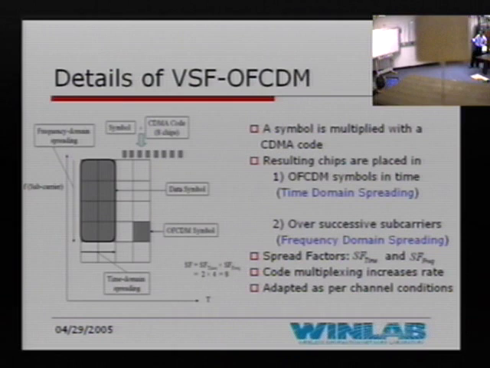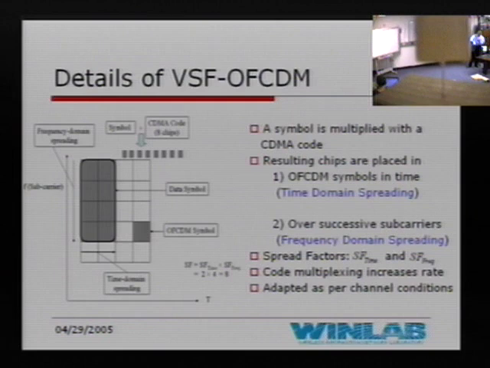In the literature of VSF-OFCDM, this operation of putting chips in 4 subcarriers is called frequency domain spreading, and this operation of putting 2 chips in each subcarrier is called time domain spreading, and I've written this here. And to go back to your question, in the case of multi-carrier CDMA, they would put the same bit in one subcarrier, and they would put all the chips along one particular subcarrier.